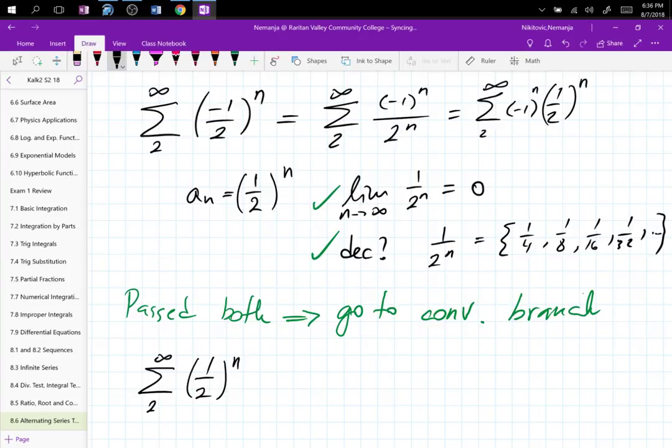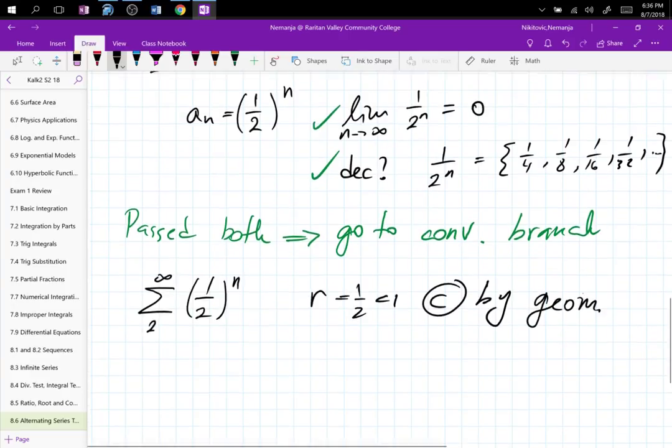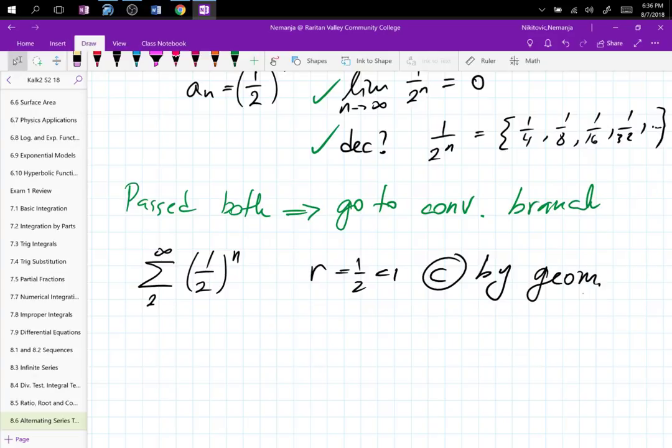What's the answer? Converge or divergent by what test? Come on, let's go. So r is equal to 1/2, that's smaller than 1, converges by geometric. So converges by geometric.